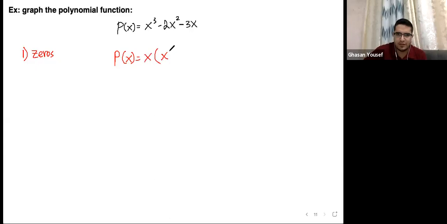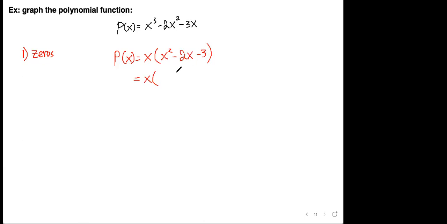Now I get x squared minus 2x minus 3 inside the parentheses. What is the factoring inside the parentheses? I'm looking for two numbers whose multiplication is minus 3 and whose sum is minus 2. Negative 3.